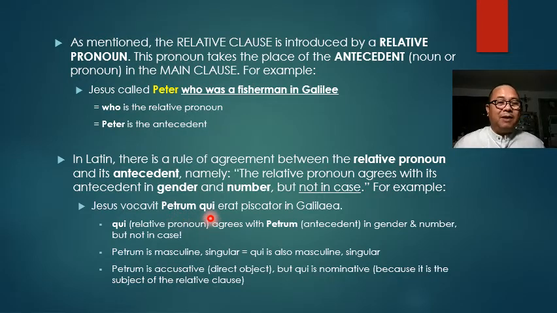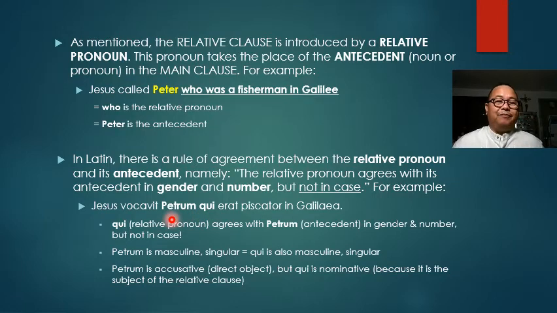Now, the relative pronoun must agree with Petrum in gender and number. So qui is masculine and singular. That is the correct form of the relative pronoun there; no other form can be placed there.